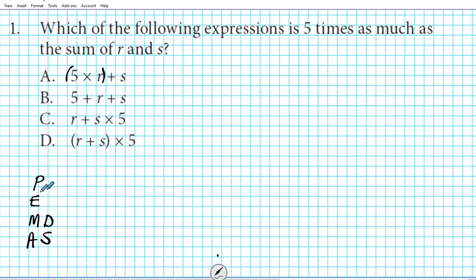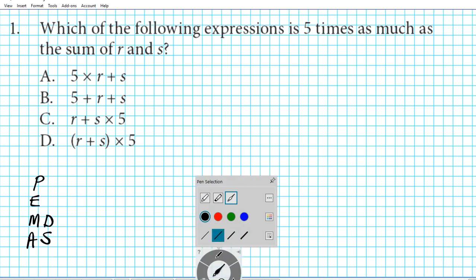Simplify the parentheses first, exponents, multiply and divide from left to right, and then add and subtract from left to right. So 5 times r plus s, using a verbal expression, is simply the sum of 5 times r and s, indicating the correct order of operations.